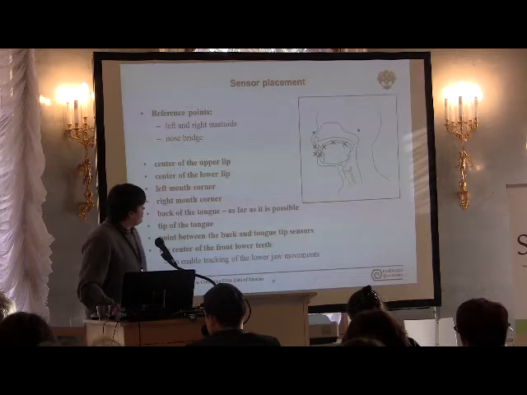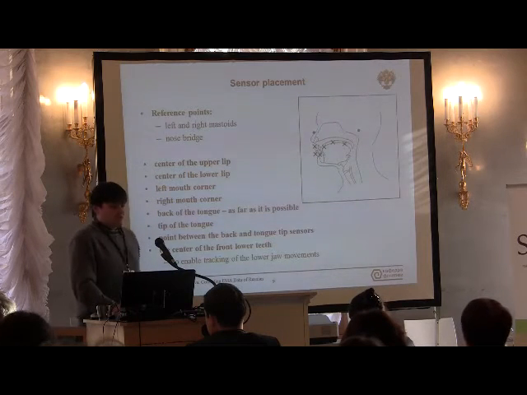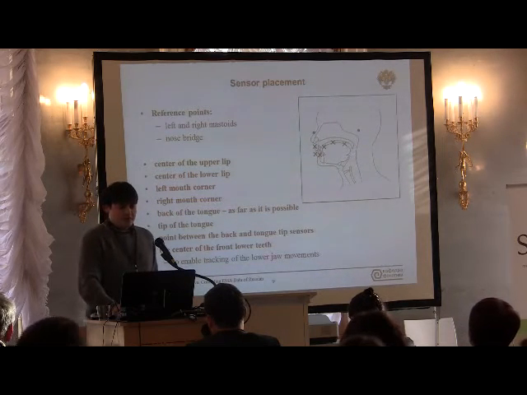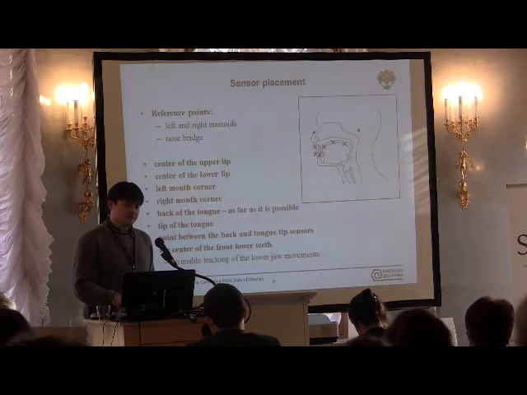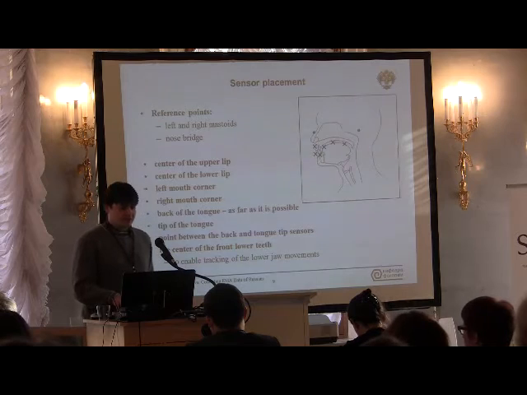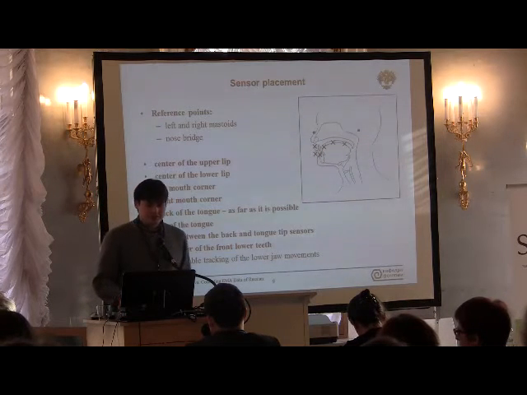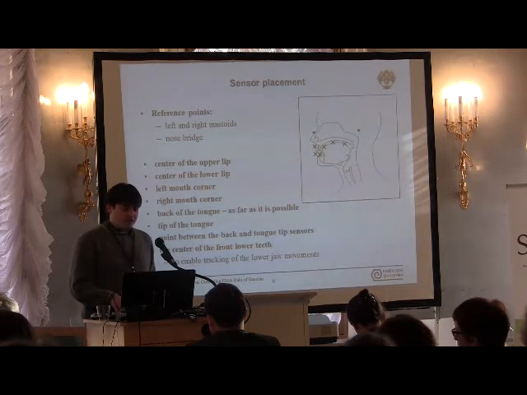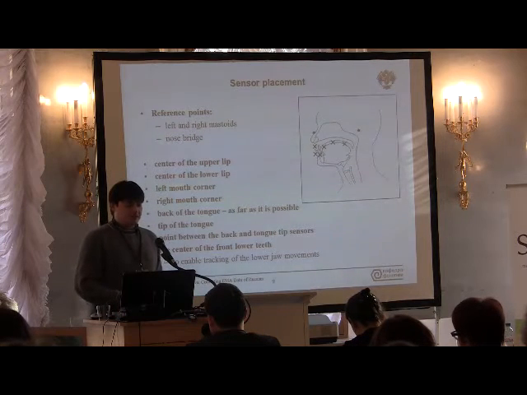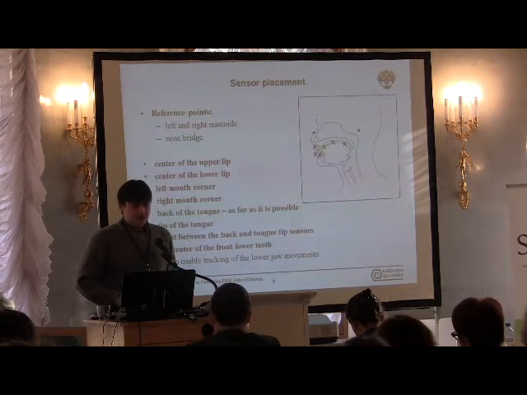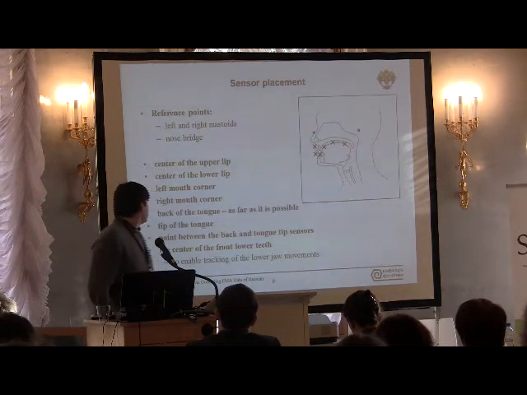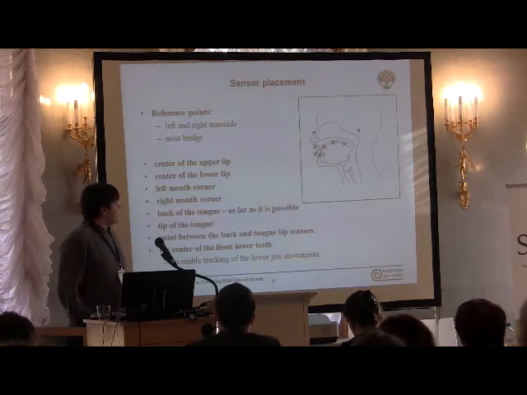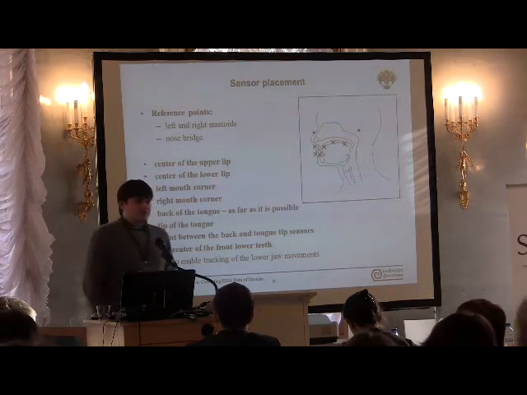So these are the places where we attach our sensors. We have 3 reference points on the motionless parts of the head: the left and right mastoids and the nose bridge. Then we put sensors on the articulators: the center of the upper lip and lower lip, the left and right mouth corners, and the back of the tongue, as far back as is possible.